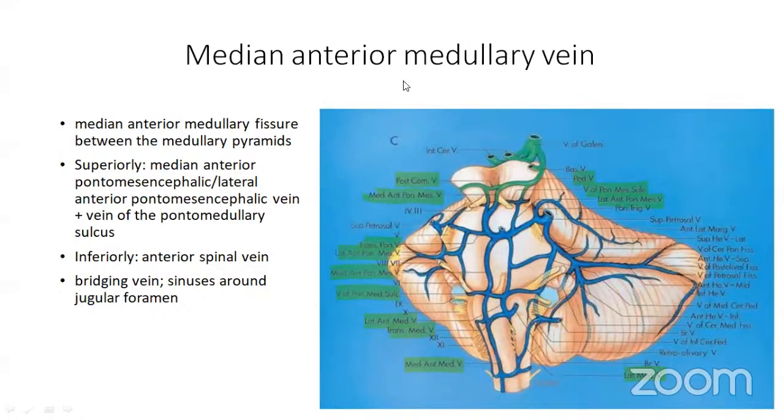The median anterior pontomesencephalic vein continues downward as the median anterior medullary vein, as we can see here. It courses between the medullary pyramids.